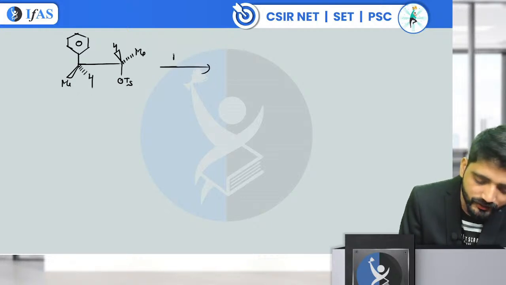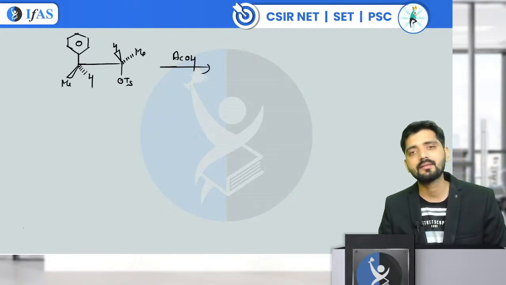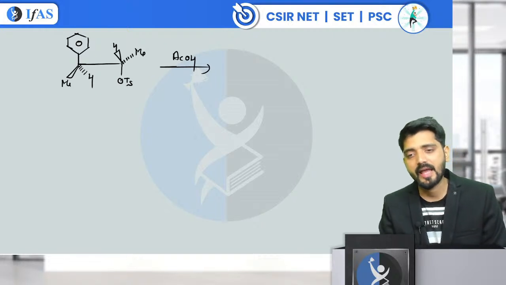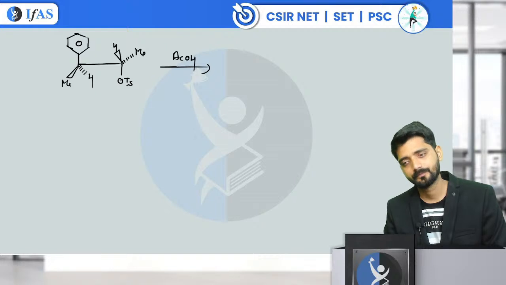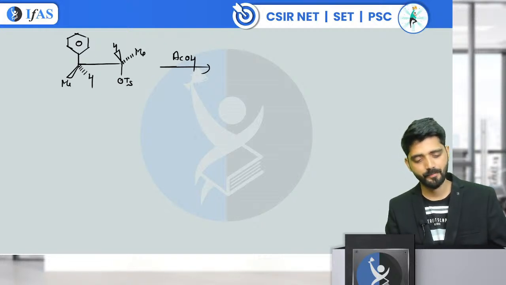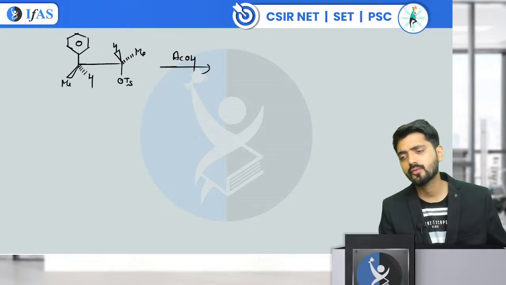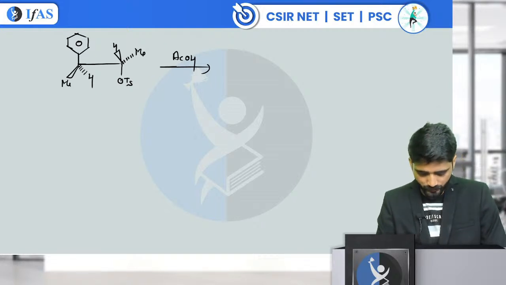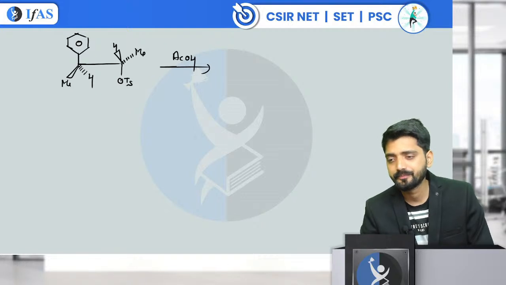Tell me the relationship between the two products you are drawing, and whether the final solution is optically active or optically inactive. Take 2 minutes to solve this, or you can take 3 minutes. Tell me fast what will be the relationship between the products.